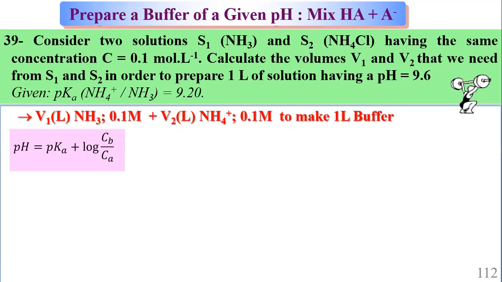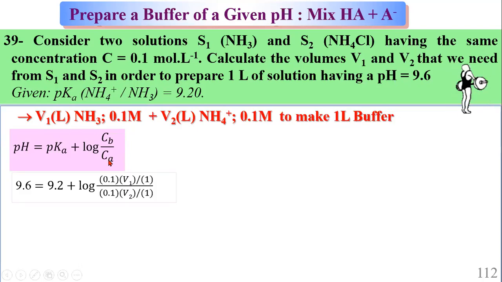So what do you use? Henderson, exactly. With the concentration of the base divided by concentration of the acid in the buffer. You have the pH 9.6. You have the pKa given 9.2. So what can you find? Of course, the ratio of the base to the acid. You can go ahead and find that ratio.